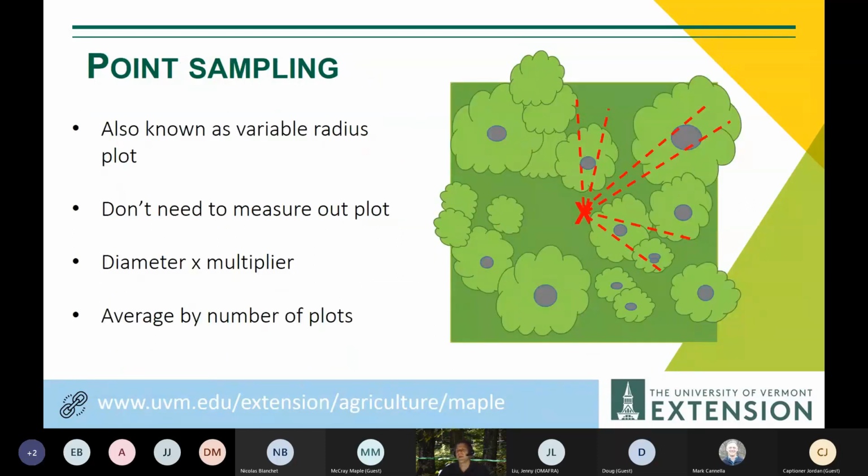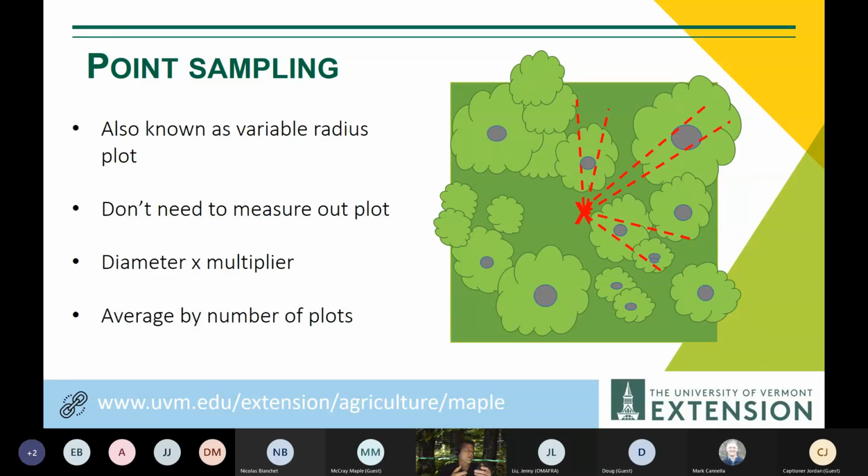Here's another way of envisioning that variable radius plot concept. So let's say that red X is the point center, and you're standing there and you're measuring the trees in that location. You're going to use one of the tools that I'm going to describe in a minute, and you will look all the way in 360 degrees around that point, and you will measure to see if the trees are tallied or not.